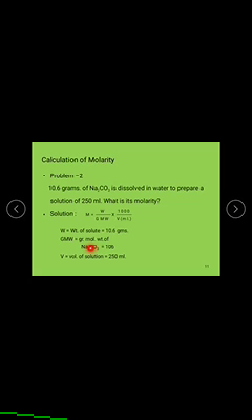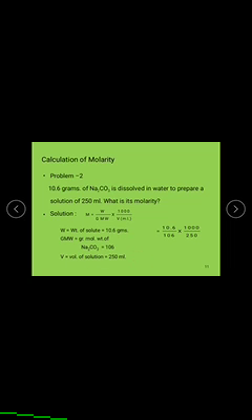Here sodium is taken as 23, so 23 into 2; 1 carbon is 12; and 16 is the oxygen, which we multiply by 3. On the sum of these individual atomic weights, we get 106, the gram molecular weight of sodium carbonate. The volume of the given solution is 250 ml.